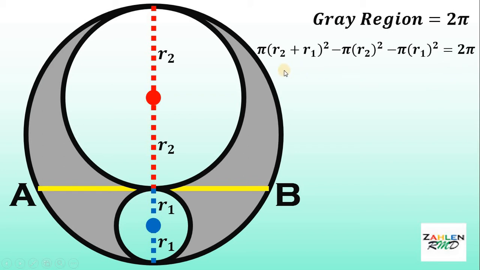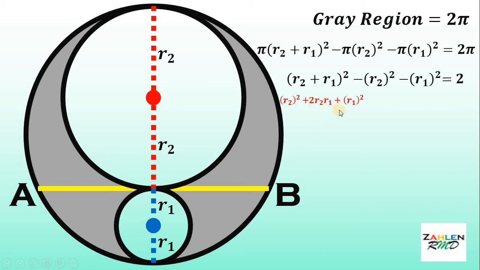Now at this point, we can divide all terms by pi, and that will give us (r sub 2 plus r sub 1) squared minus r sub 2 squared minus r sub 1 squared equals 2. Simplify the first term and we get r sub 2 squared plus 2 times r sub 2 times r sub 1 plus r sub 1 squared.